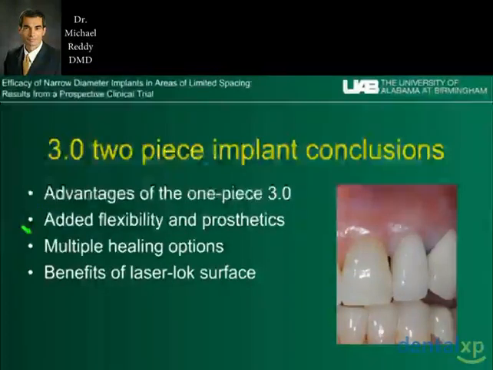You have multiple healing options with the 2-piece, plus it has the added benefit of the laser lock surface as opposed to that machine surface. So it's basically got all the advantages of the 1-piece and a few more that really go ahead and improve upon what was there before.